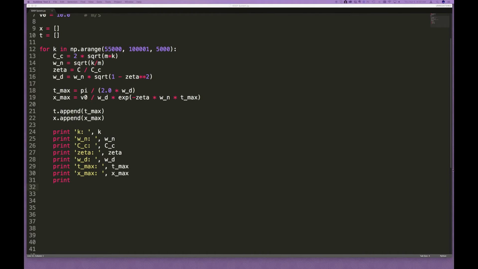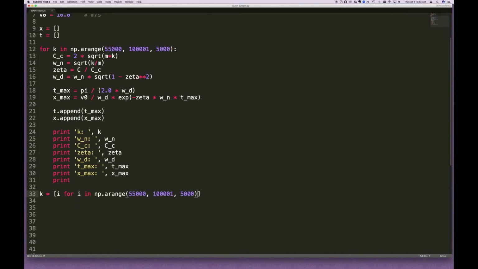So we're going to run through this loop. We're going to append all of that. I then need my k values, which is just this. And the way to do it in Python is just create a list of the k values as follows. k is equal to i for i in this range. So in other words, this produces a list.